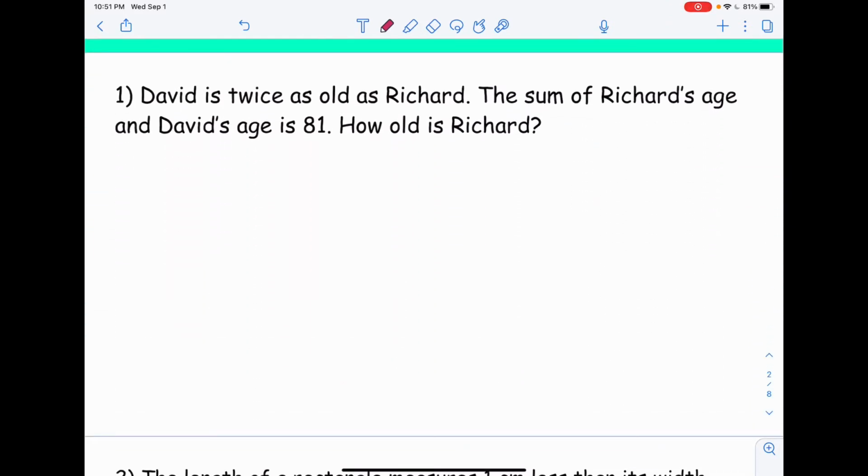David is twice as old as Richard. The sum of Richard's age and David's age is 81. How old is Richard? Let's say R is Richard's age.